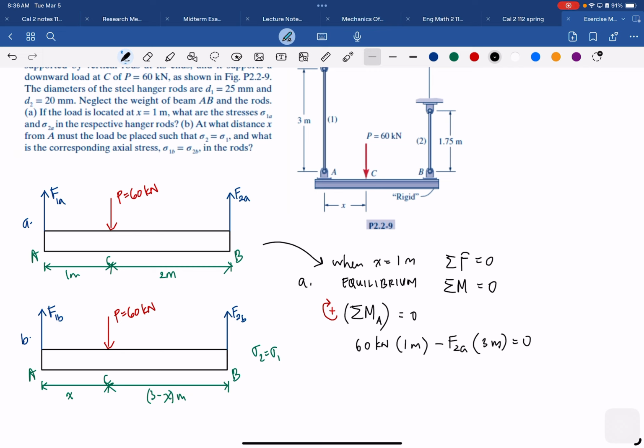So I think just sigma moment A will be better. So sigma moment at A, and again, that is positive there. So we have 60x and then minus F2B times 3 equals 0.